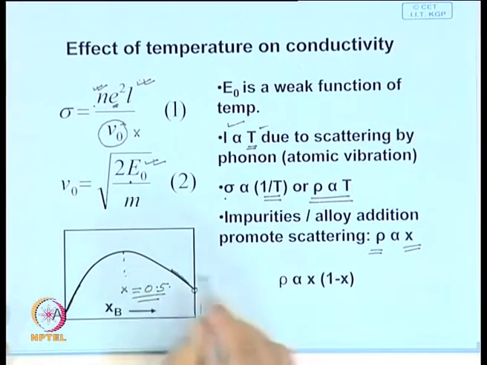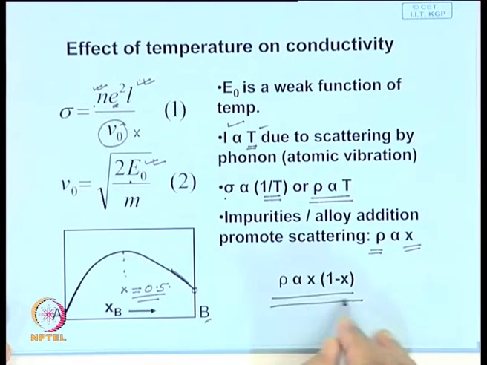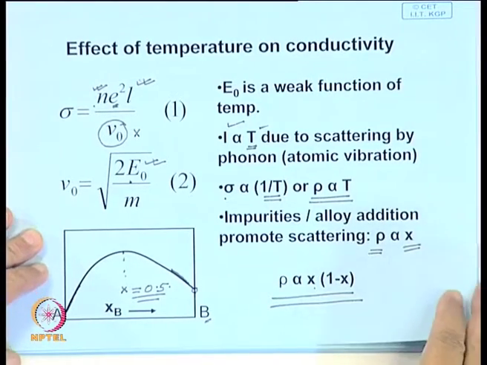So, logically, in such cases the effect of impurity or alloying can be put by a factor like this: rho is proportional to x into 1 minus x. So, any alloy will have poorer conductivity.